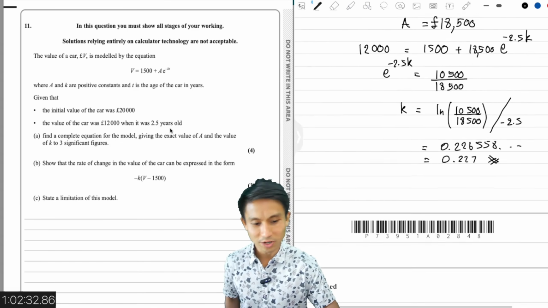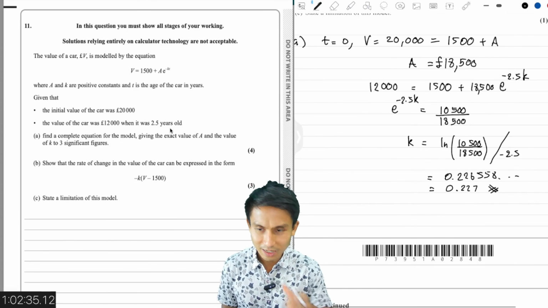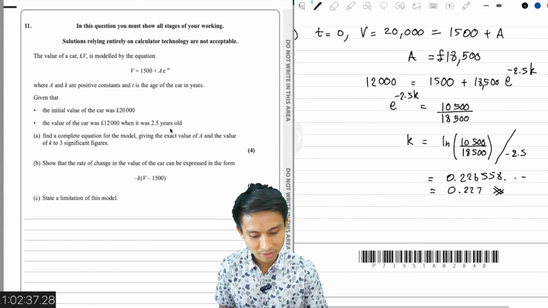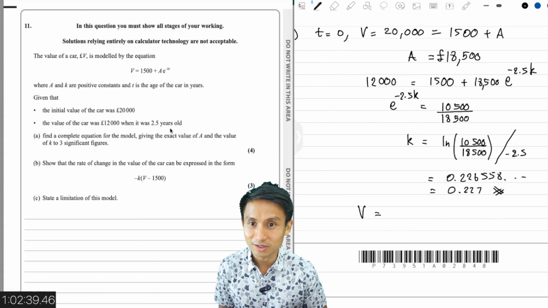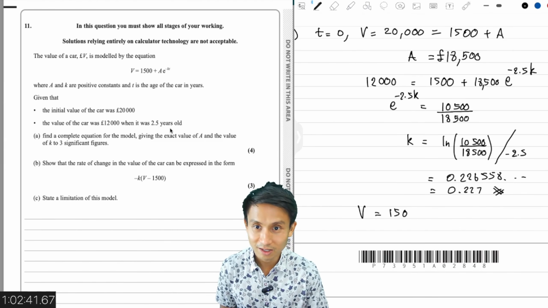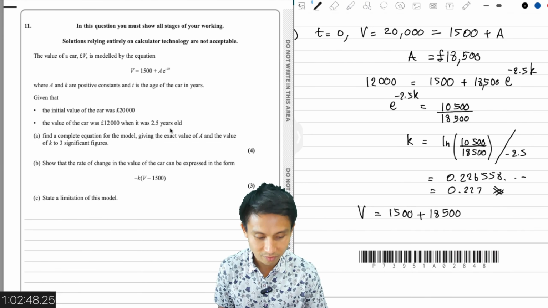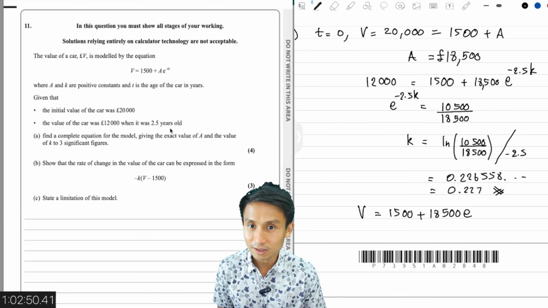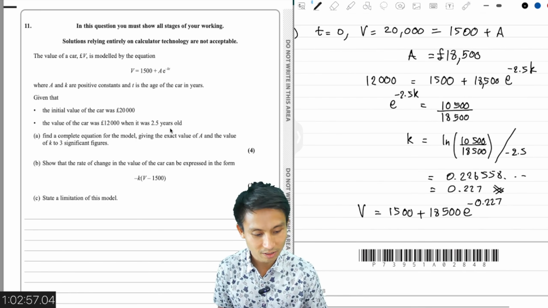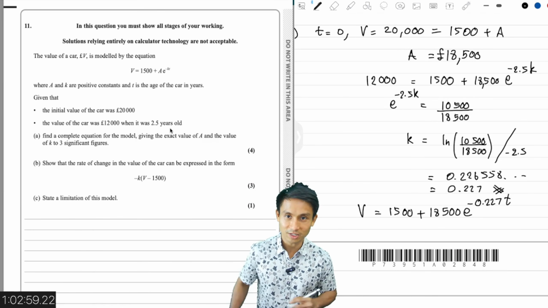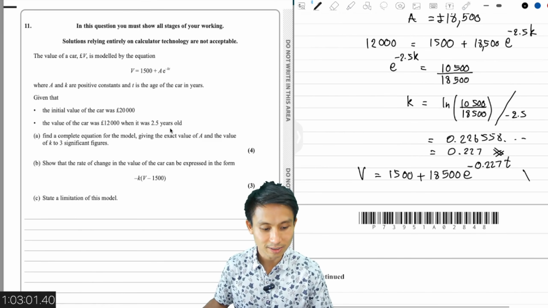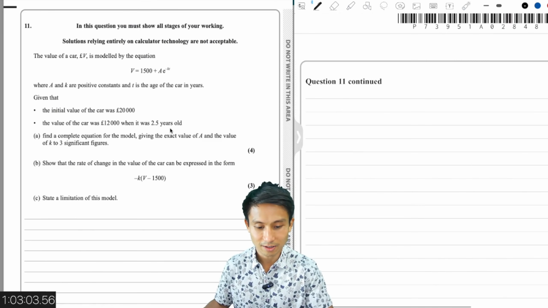Oh, find the complete equation. I almost forgot, because I made that mistake before. They asked you to complete the equation, but I just wrote the K and the A. So that's V equals 1,500 plus 18,500 e to the minus 0.224 t, because it's a function of t there. All right, so that's it for part A.